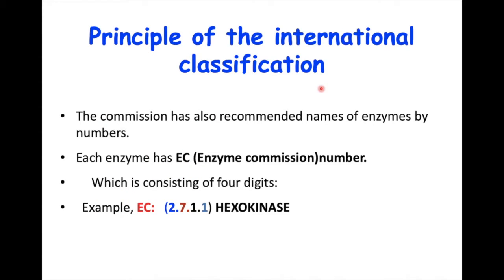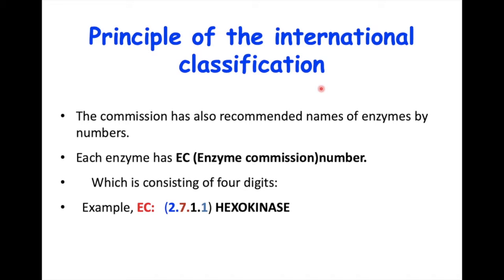Then the commission also recommended naming enzymes by number. Each enzyme has its EC number. This EC number consists of 4 digits. What do these digits indicate?